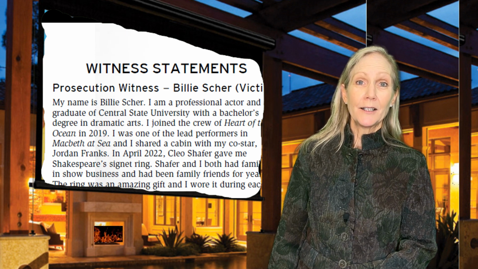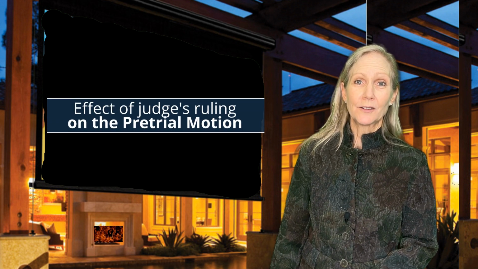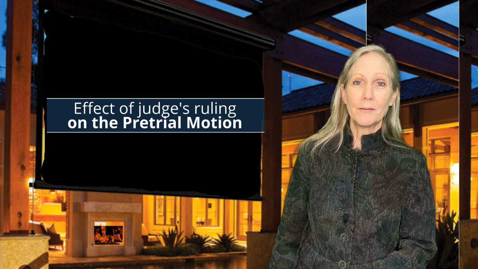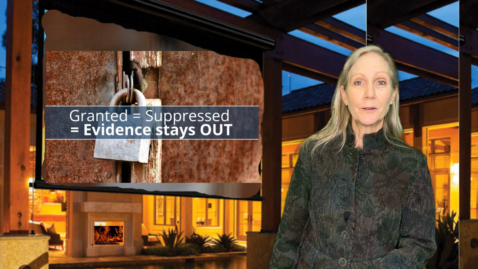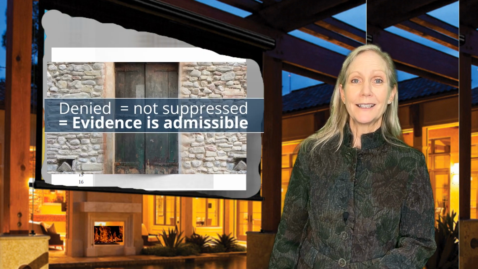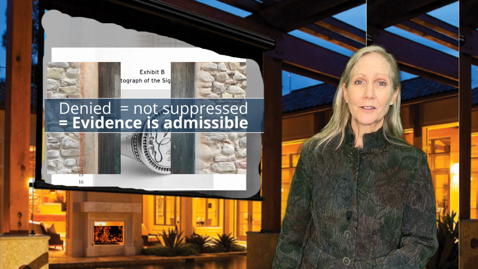Within the packet, in those statements and in the mock trial fact situation, there will be items that are in brackets that relate only to pretrial, and if the pretrial motion is granted, the motion to suppress evidence is granted, those bracketed items cannot be used at trial. And if the pretrial motion is denied, then those bracketed items can be used as evidence at trial.